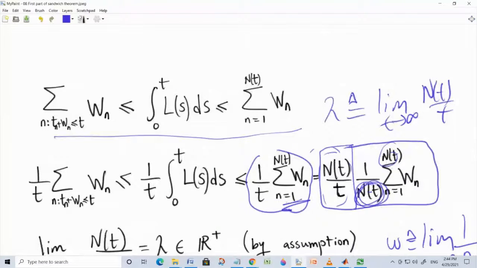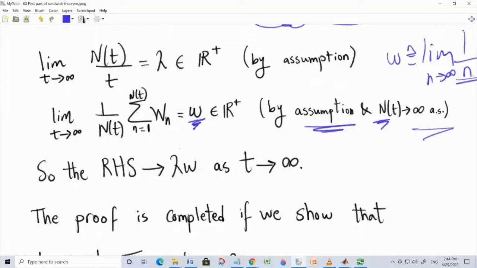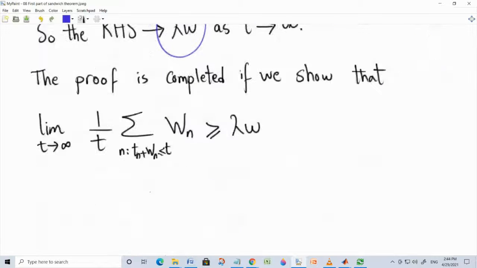So the right-hand side, after dividing by t and taking the limit, the upper bound converges to the desired product lambda times W. Okay, so to finish this thing off, we need to go to the lower bound and show that it converges to lambda W, or it converges to a limit that is greater than or equal to lambda W.